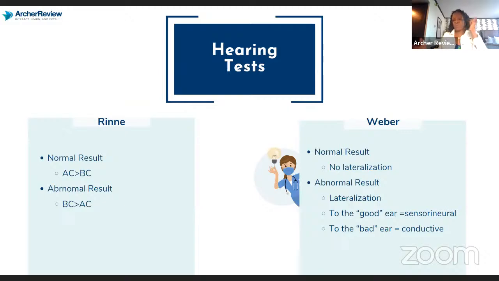So when we do that tuning fork, and I know you had that in clinical, where you put it here and then you move it to air, the air conduction should be stronger or louder. So if bone conduction is greater than air conduction, then we know we have a conduction problem.